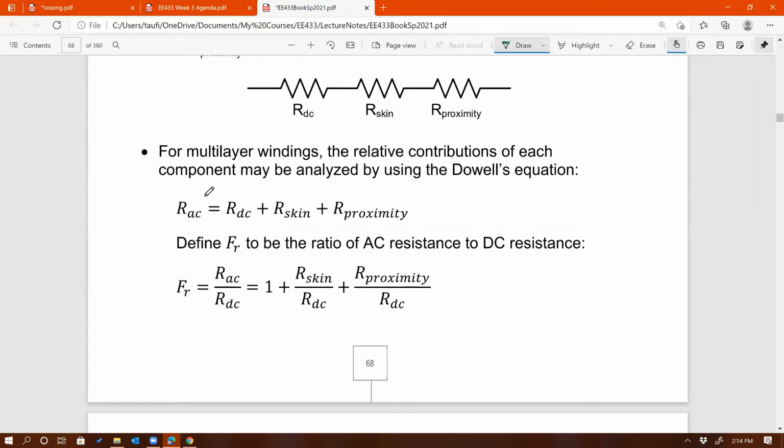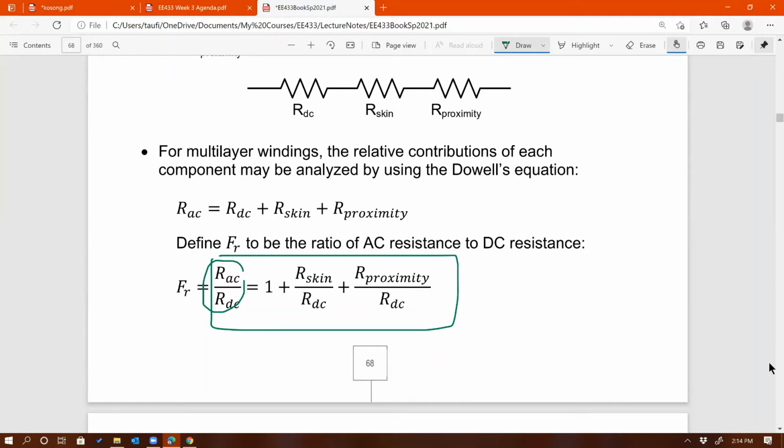So again, just divide both sides of the equation by R_DC. Then you have this equation, right there. And the ratio of AC to DC is called F_R, right? The F_R variable.